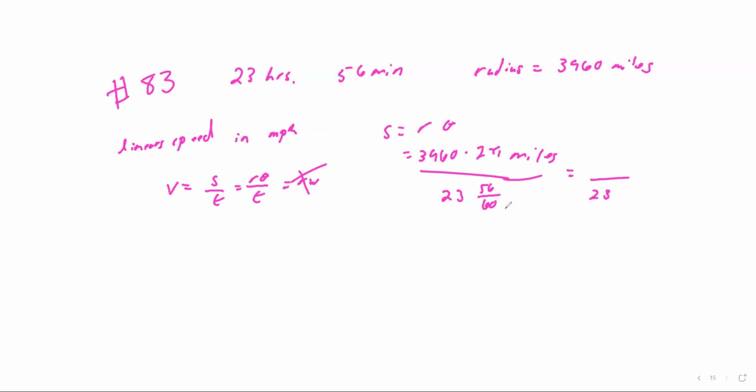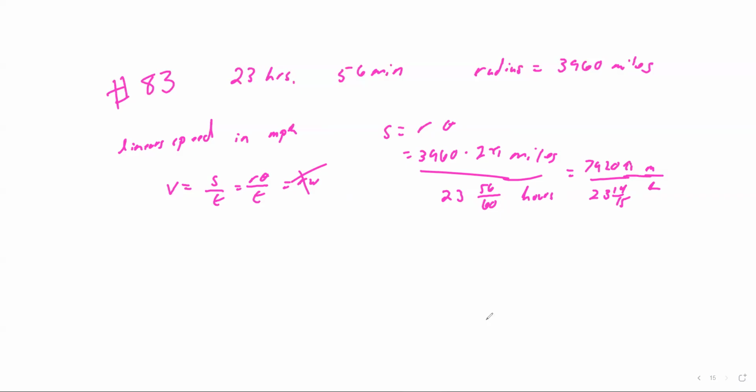Yeah, 14 fifteenths. This is going to be 3,960 times 2, that's going to be 7,920 pi. So this is now miles and this is hours, so we do have the miles per hour going on here. We're good there. Now we just have to do the math.